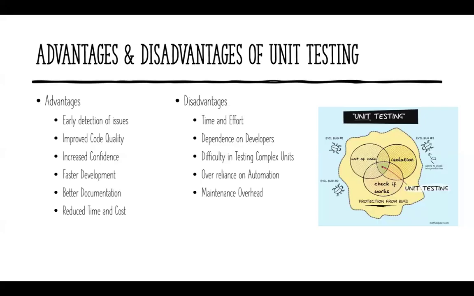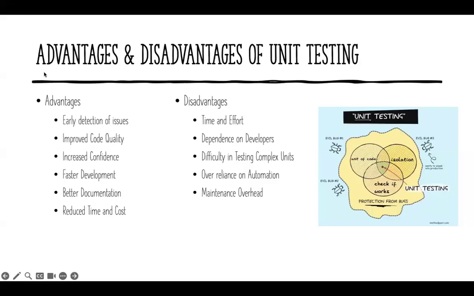It provides clear and concise documentation of the code and its behavior, making it easier for other developers to understand and maintain the software. Finally, it can also lead to reduced time and costs. Unit testing can reduce the time and costs required for testing later, as it helps to identify and fix issues early in the software development process.